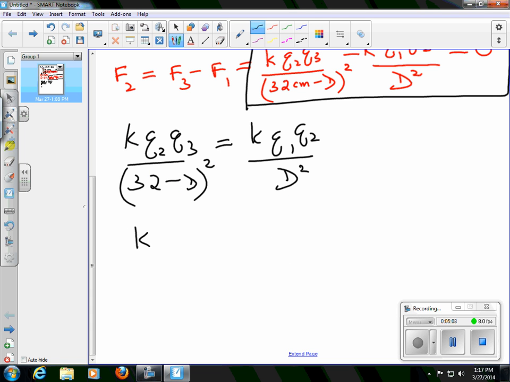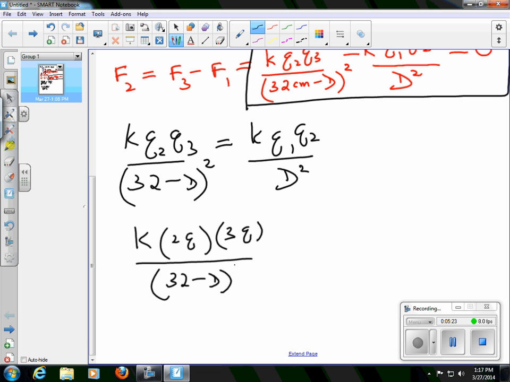Put the numbers. K, Q2 is 2Q, Q3 is 3Q, over 32 minus d squared equals Q1 is just Q. Now we put magnitudes, we don't put signs when we find the force. We found the direction by looking at where the vectors are pointing.